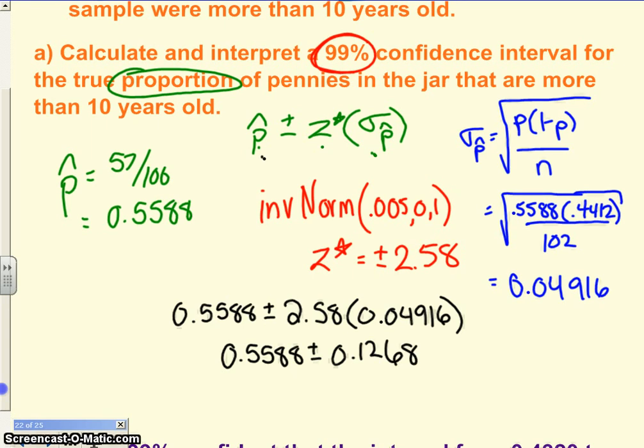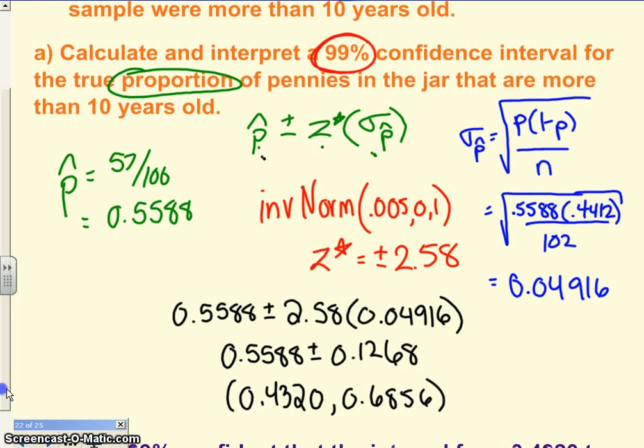And if I'm more comfortable using interval notation, I'll see that this is the interval from 0.4320 to 0.6856. So we're thinking that the real true proportion of pennies in this jar that are more than 10 years old is going to be between 43.2% and 68.6%.